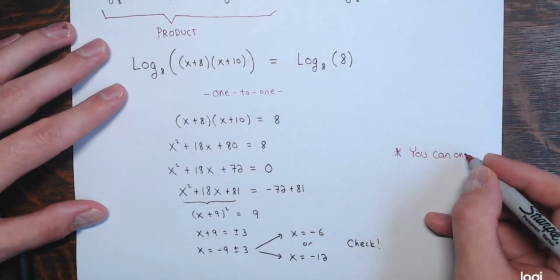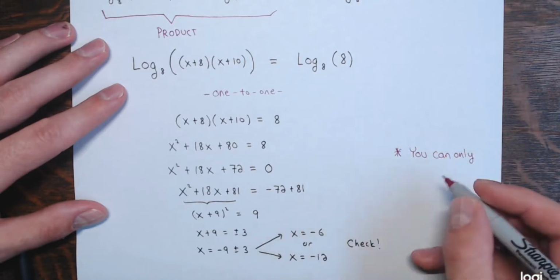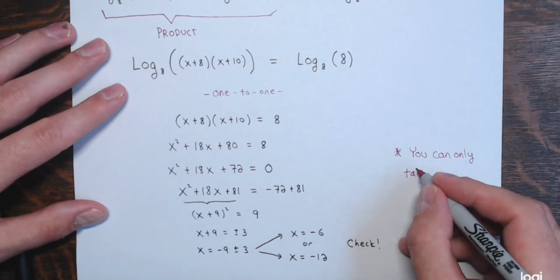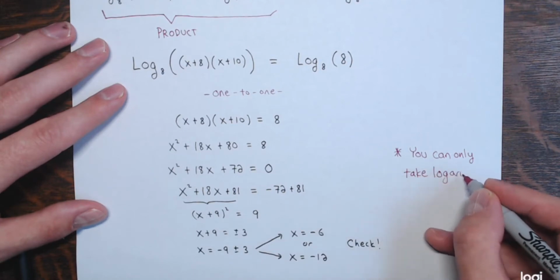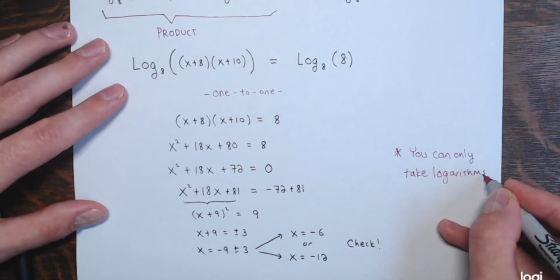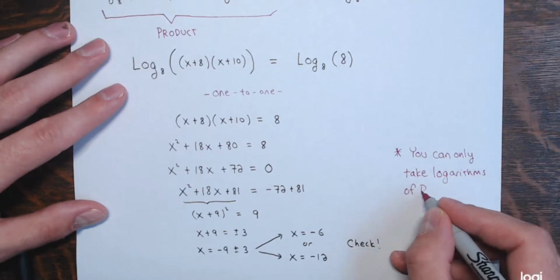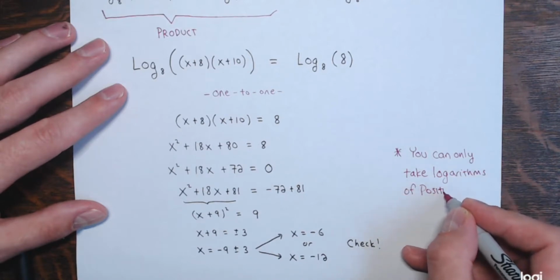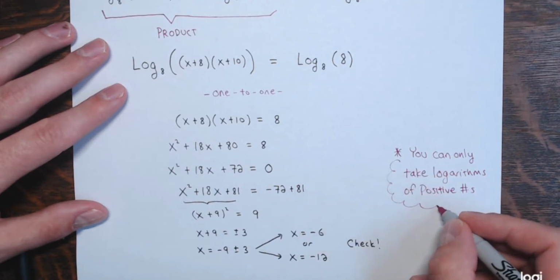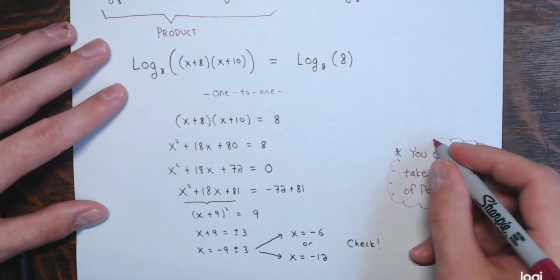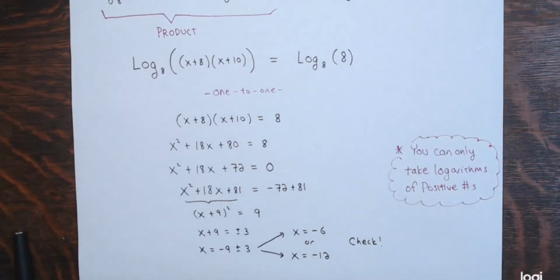So look at what happens when I plug these in. You can only take logs, or logarithms, of positive arguments, positive numbers. If you keep that in mind, that's going to help us here.